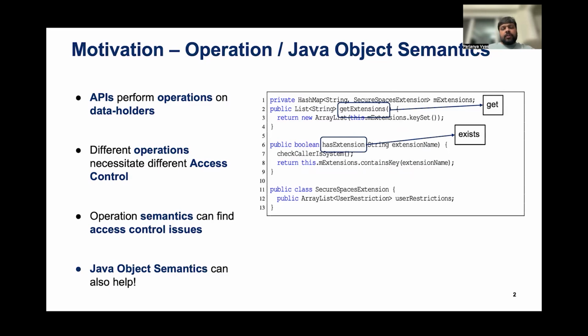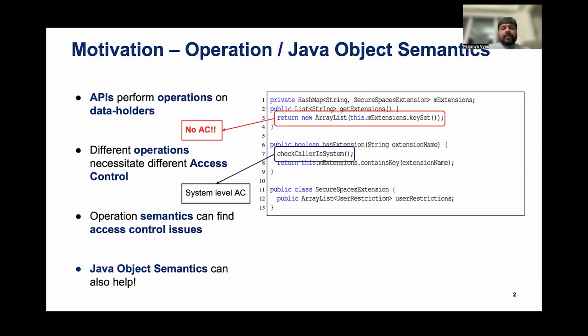The semantics of the operations performed by these APIs on the data holder matter because they can dictate the access controls that are needed for these APIs. In this particular example, the existence check API enforces a system level access control, whereas the getter API does not enforce any access control at all.